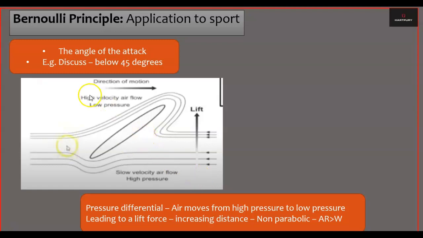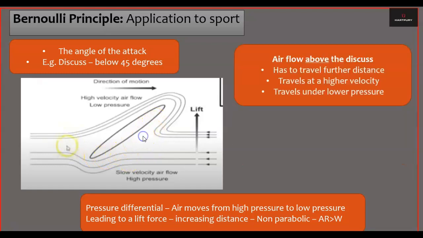So we've got high velocity, high speed at the top of the object, creating low pressure. And underneath the object here, we've got a slow velocity with a high pressure. Okay, so that causes the object to fly non-parabolic as well, increasing air resistance and increasing that weight. So you'll see a lift happening with the object.